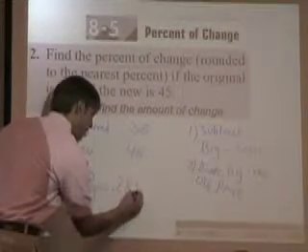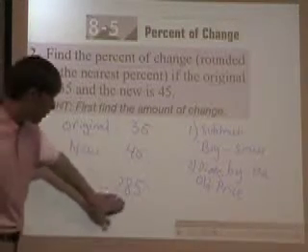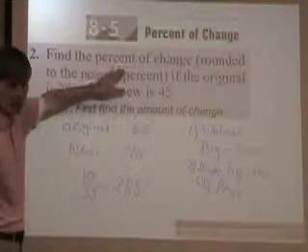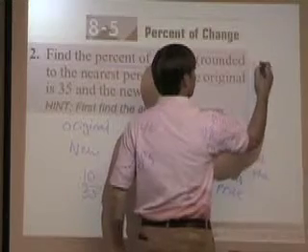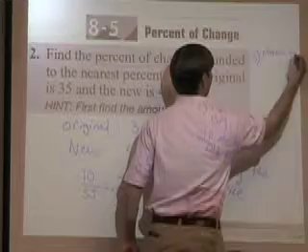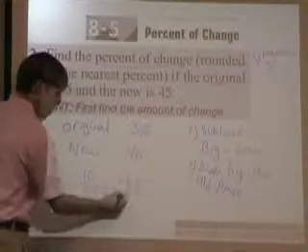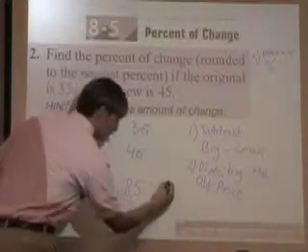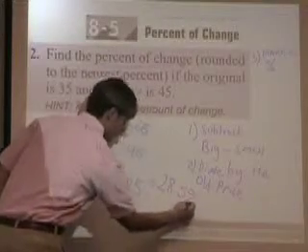0.285. So you did step two, and you got 0.285. But we're not done because it wants it as a percent. So step three is make it a percent. To make it a percent, you move the decimal to the right 2 places, and what does that equal? 28.5%.